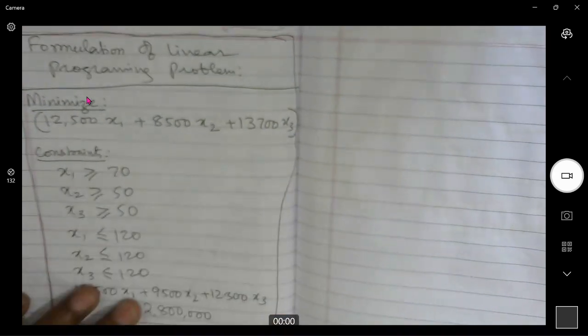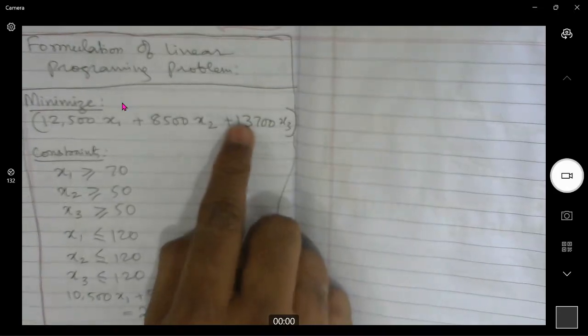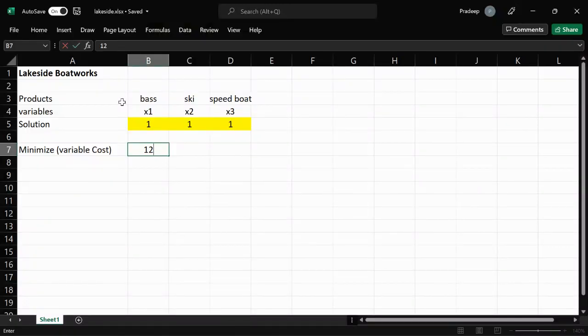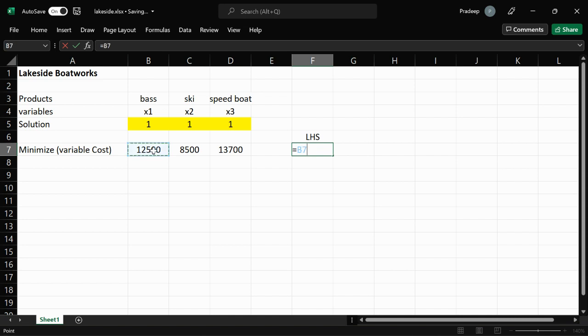Here we have 12,500, 8,500, and 13,700. So these are the variable costs. So finally, what is the cost here? Let me write the left hand side, LHS. Okay, so what is the cost? I need to multiply this with B5.